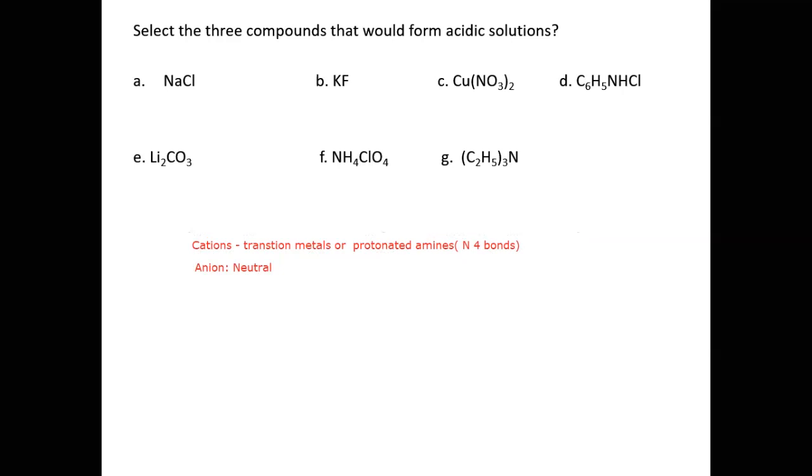So sodium chloride, is sodium acidic or neutral? It's neutral. Is chloride acidic or neutral? It's neutral. So this wouldn't be acidic. This would be neutral.